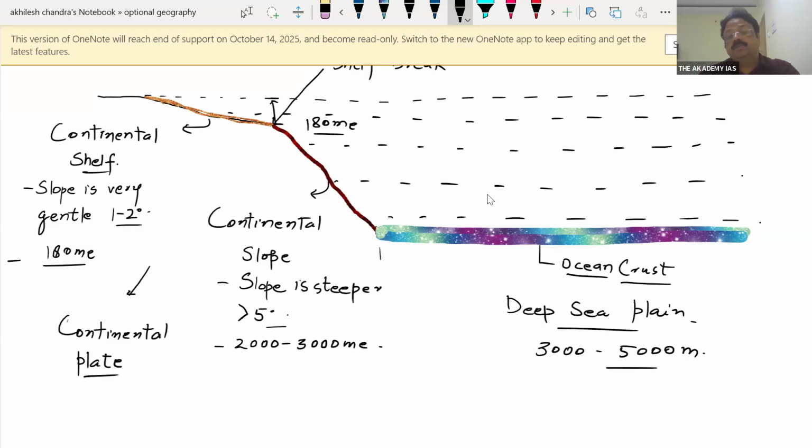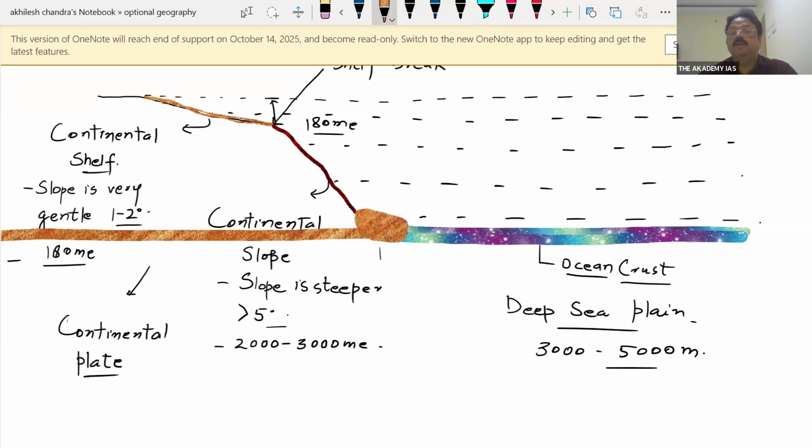But in case of such a continent where the ocean and continent are on the same plate, we find a peculiar topography at the joint of oceanic and continental crust, and this is called the continental rise. When you are coming from the deep sea plain, you start rising up to the continent.